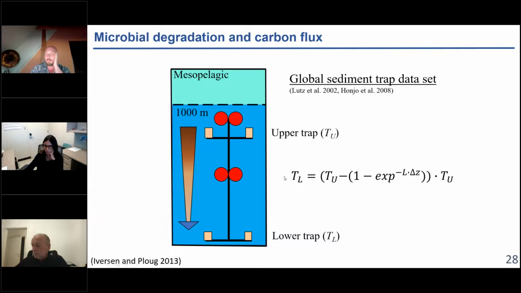And then we were trying to calculate basically carbon-specific degradation, you could call it, by taking the upper trap and doing the L ratio, which is basically the relationship between degradation and settling velocity. So it's the carbon-specific degradation per meter settled over the distance settled. So this is basically the fraction of organic matter lost multiplied with what the flux was for the upper trap, and that should then give us the flux at the lower trap.